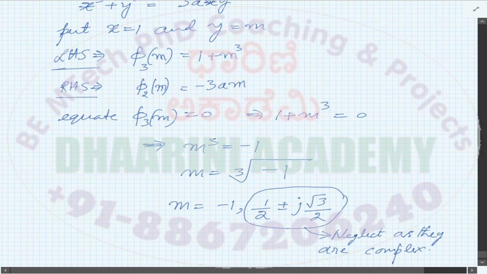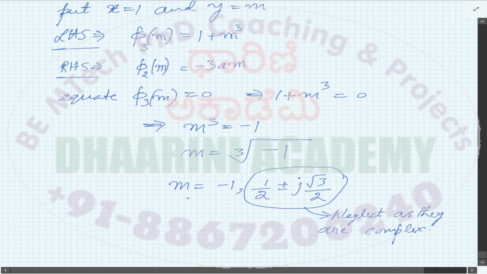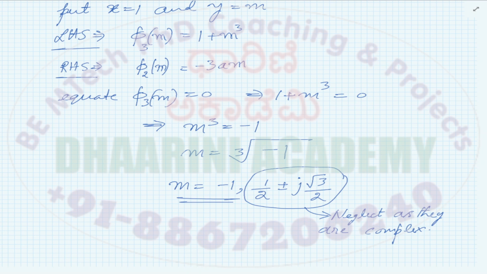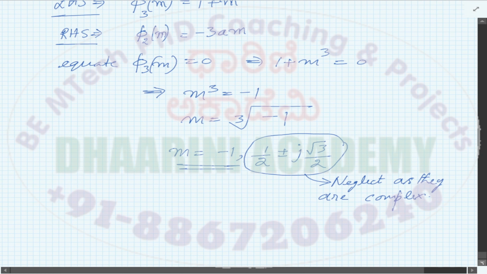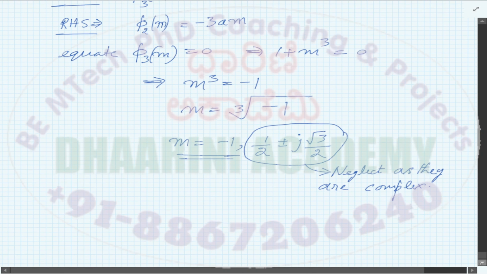Since they are complex, you simply neglect them, which means I have only one root now, that is m is equal to minus 1. So I found this value of m first, using the highest degree term equated to 0.